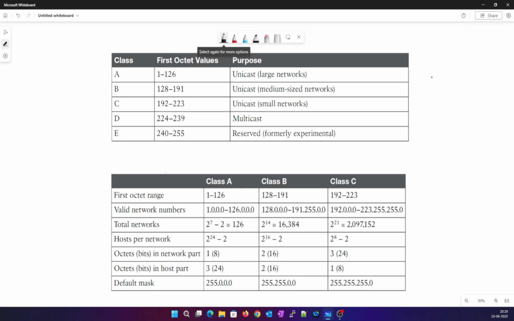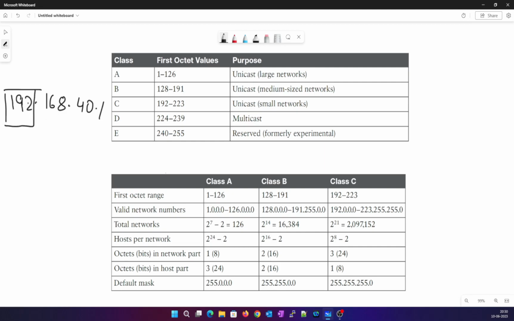These classes are for human understanding, and they are based on the value of the first octet. Let's say I write an IP address like 192.168.40.1. This classification of IP addresses is based on the first octet here.